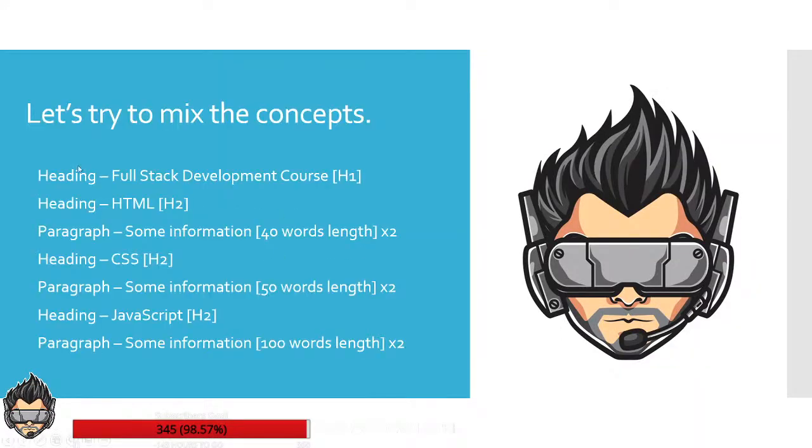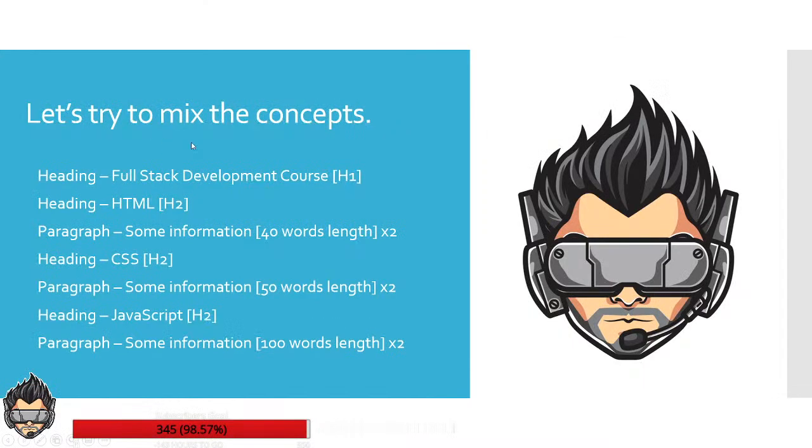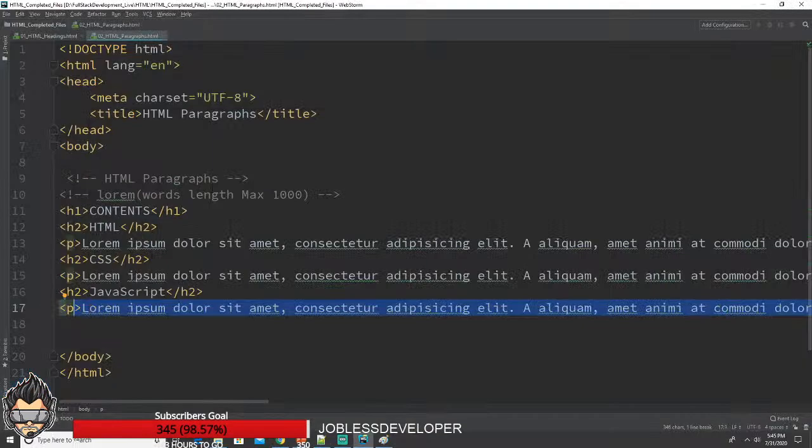So I said that we'll create an h1 with a full stack development course, and HTML with some information. So it's saying that okay, let's follow this one. Let's skip this. I said h1 with a full stack development course, so we'll go with that one, full stack development course.